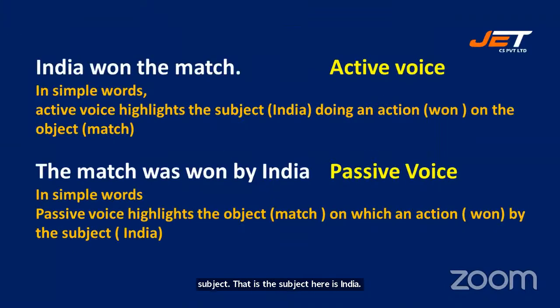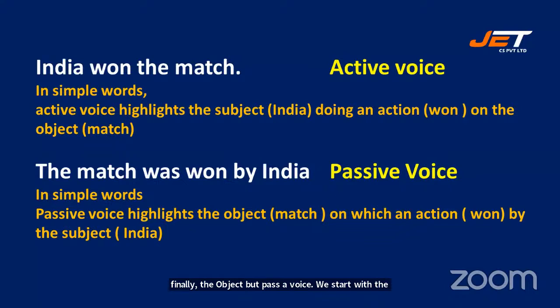Is it clear? So in active voice, we start with the subject. The focus is towards the subject, and finally the object. But in passive voice, we start with the object, right?